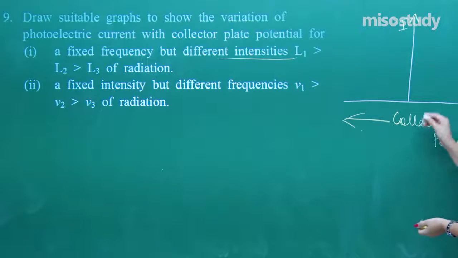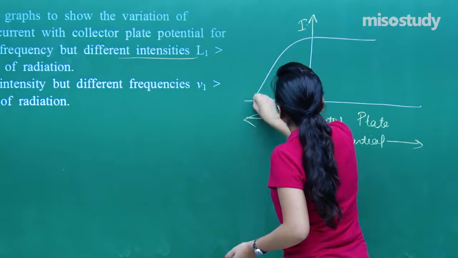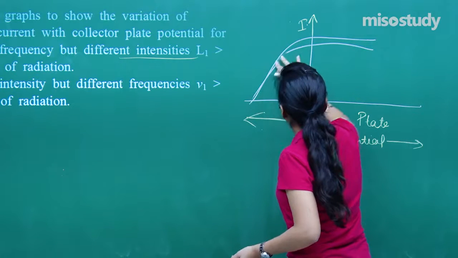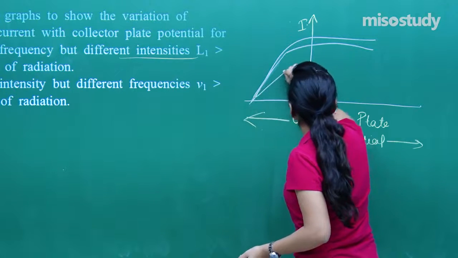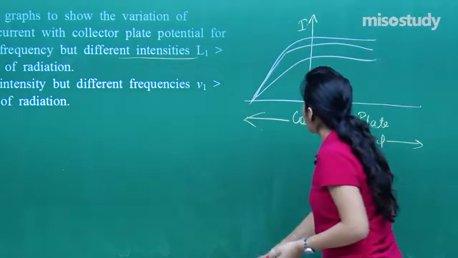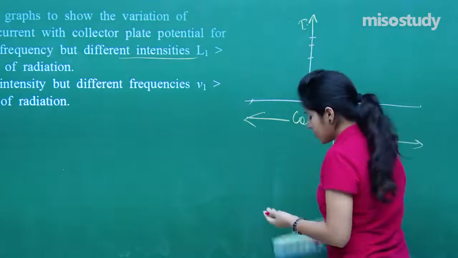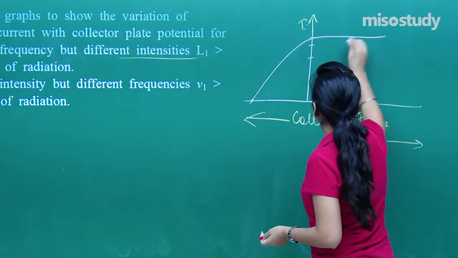So, if you want to change the current, let me draw it neatly. The graph is correct, but neatness is not there. So you can make it like this.